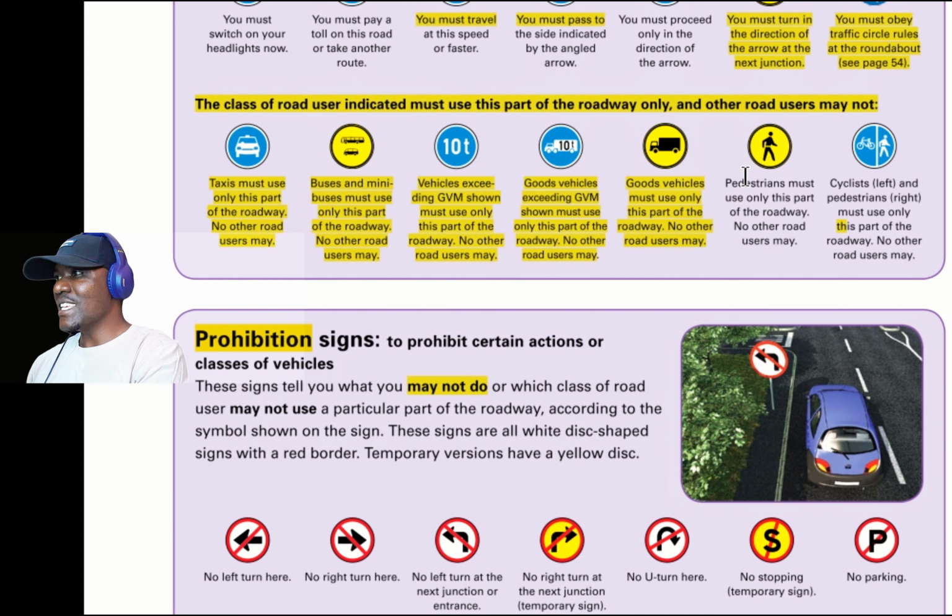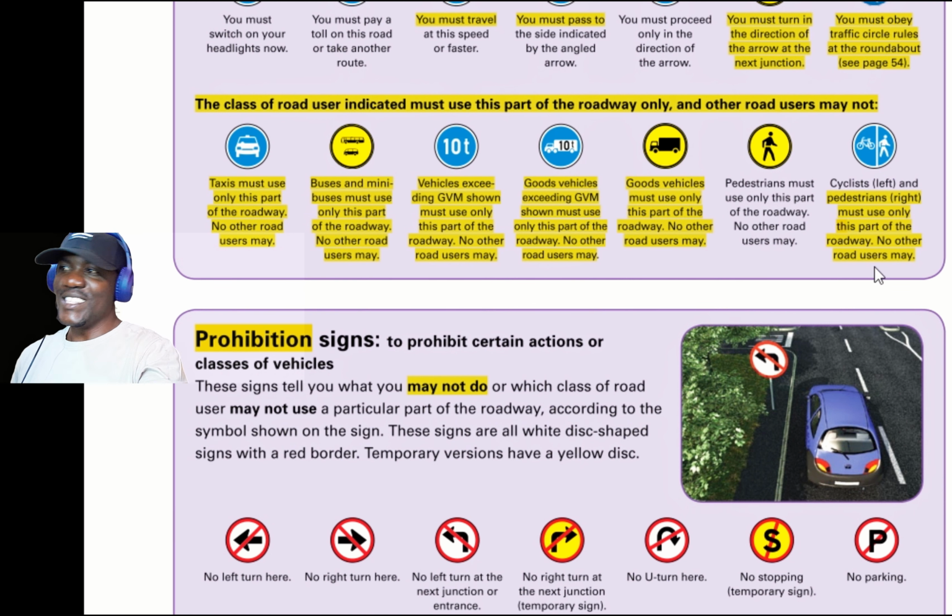And as well as this sign here, you normally see them in urban areas. Cyclists left and pedestrians on the right must use only this part of the road. No other road users may. So that means that no vehicles must use that part of the road.